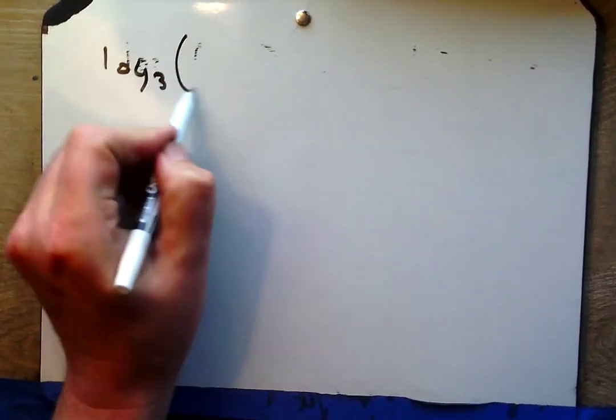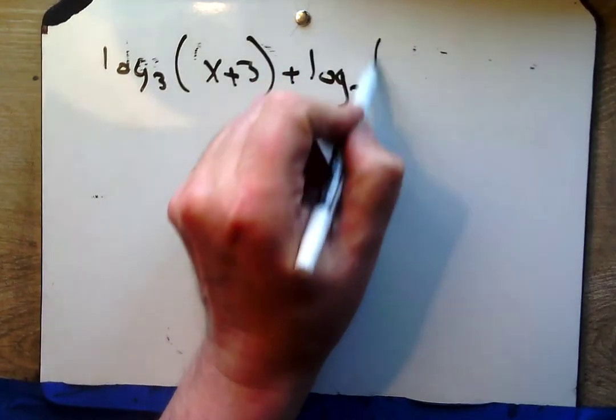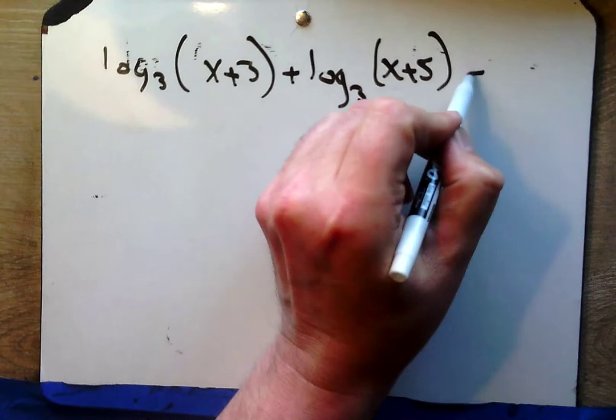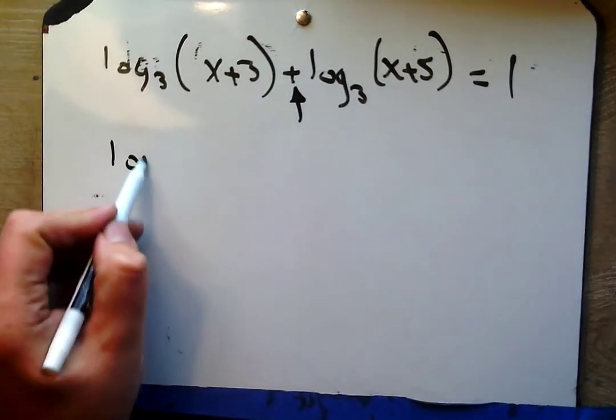Log base 3 of x plus 3 plus log base 3 of x plus 5 equals 1. Go for it. Okay. So I hope we condensed to 1 log first.